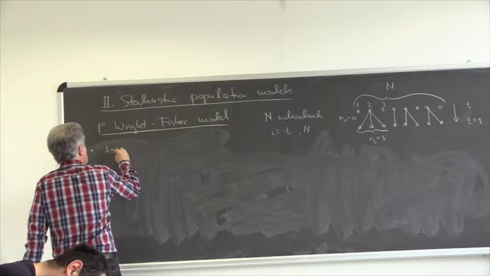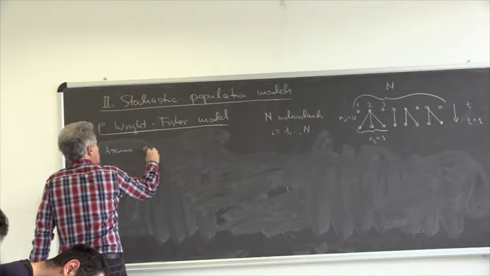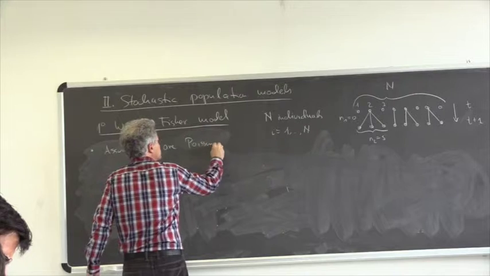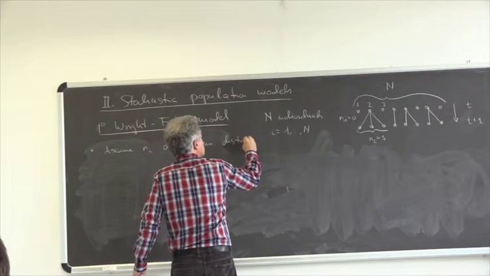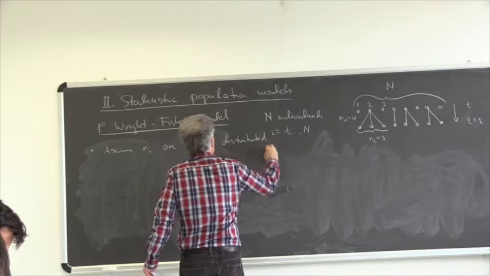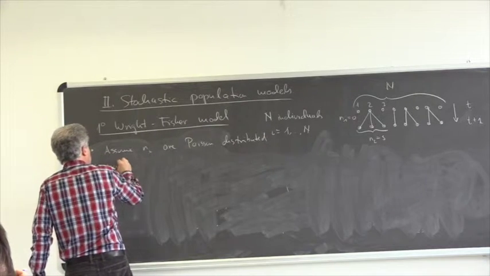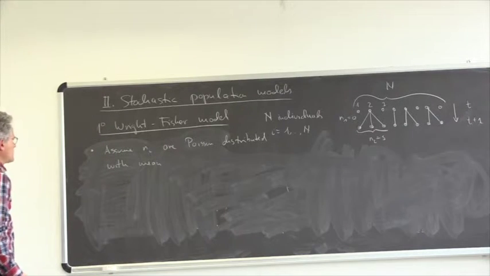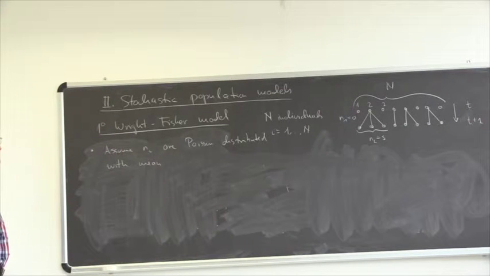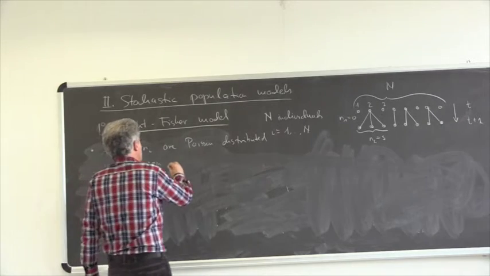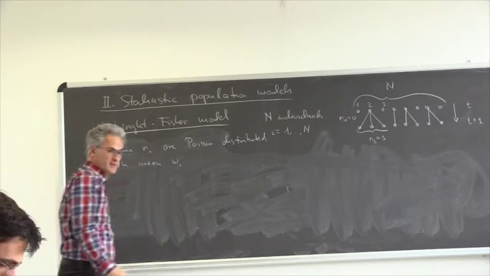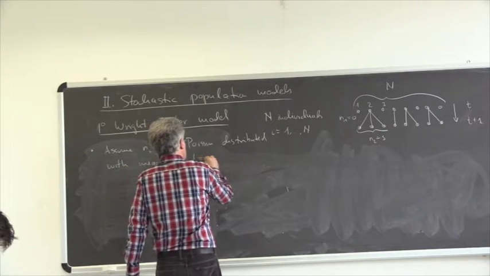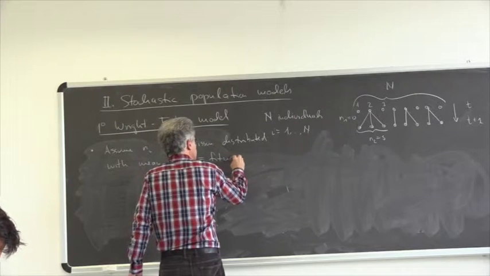Assume that these ni are Poisson distributed. For each individual there is a Poisson distribution, and it has some mean, which I will denote by Wi, and this is the fitness. So the fitness of that individual is the mean number of offspring.